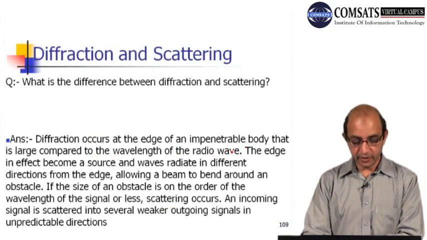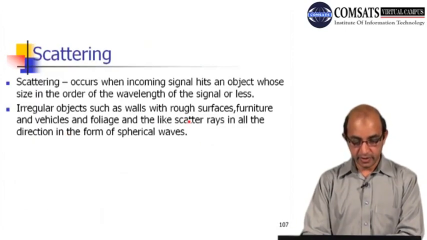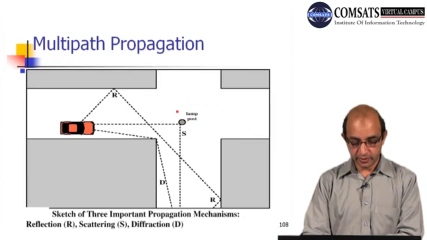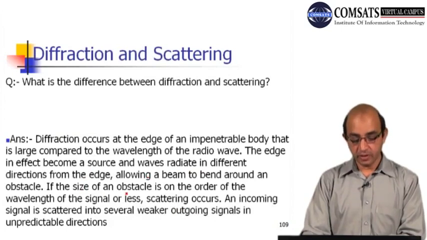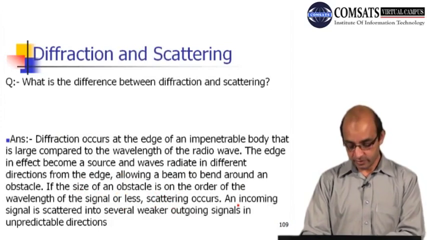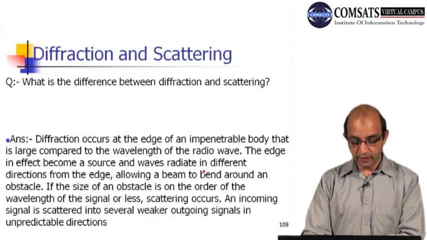And then we have scattering, which is multiple reflections, right? If the size of the obstacle is on the order of the wavelength of the signal or less, scattering occurs, right? So here you can say that this object size is comparable to the wavelength or less, right?